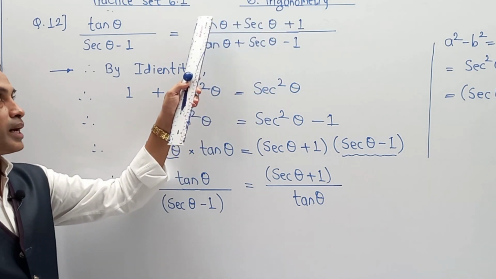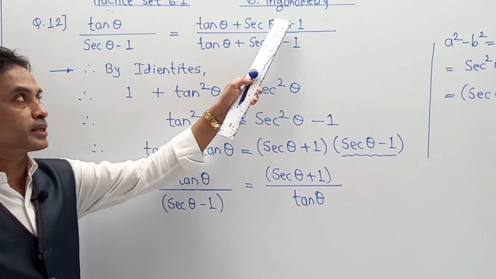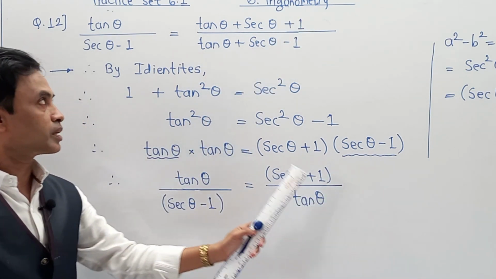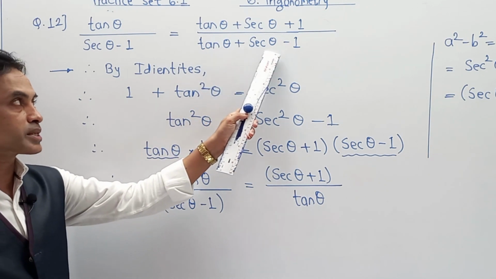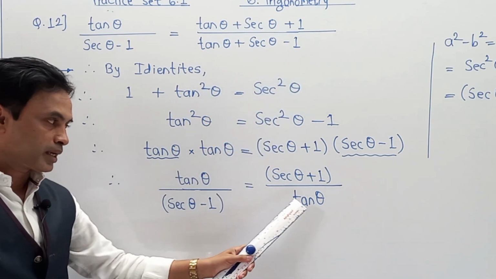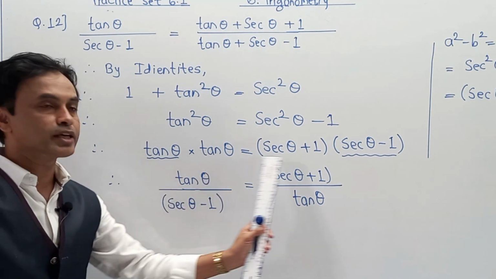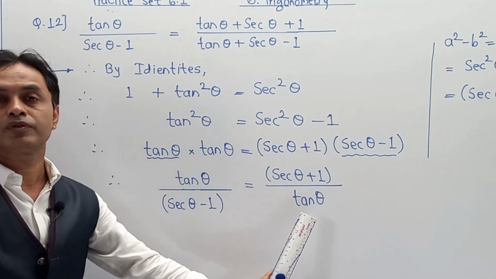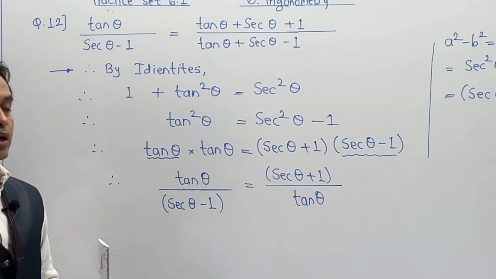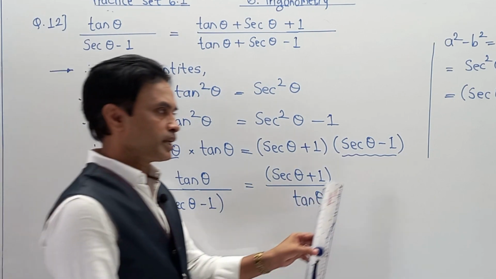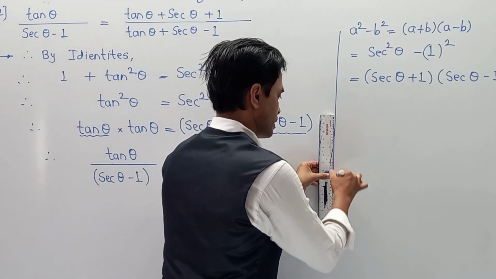I repeat, tan theta plus sec theta plus 1 upon tan theta plus sec theta minus 1. Means they have made an addition in the numerator as well as addition in the denominator. This property is called the property in terms of the theorem of equal ratio. What exactly does it indicate? Let me clear it over here.